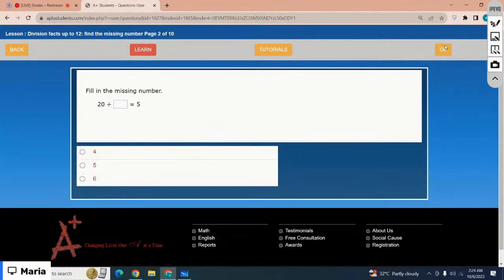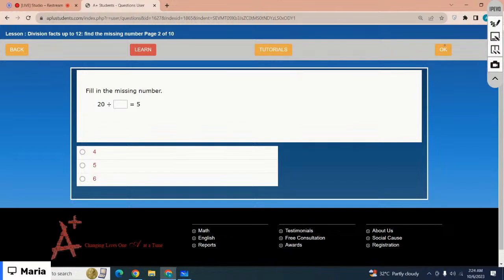Okay, 20 divided by missing number equals 5. Which is the correct option? You have to find the divisor, right?